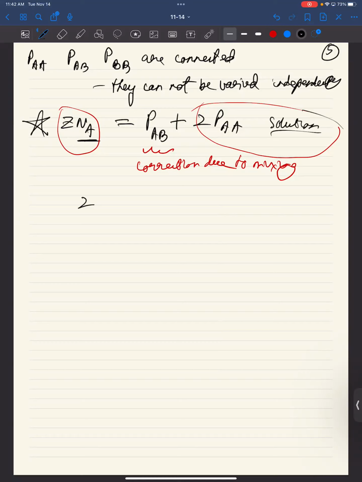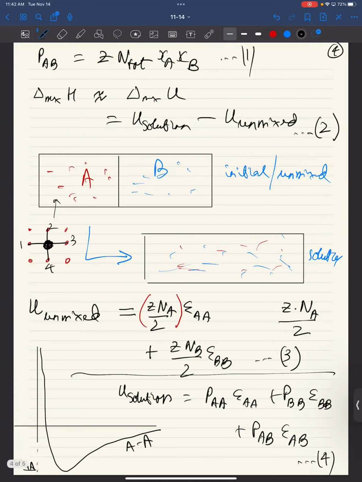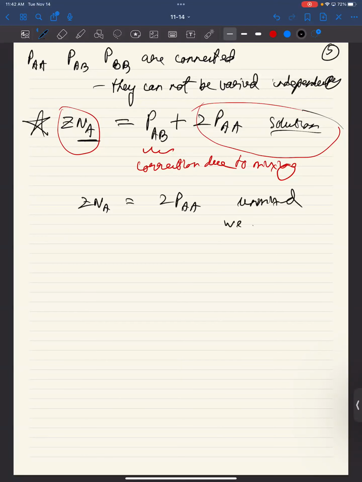What I meant to say is that ZNA is equal to 2PAA for unmixed, okay? In an unmixed solution, because that is what we used in deriving equation 3. We used this in equation 3. In mixture, ZNA is equal to PAB plus 2PAA.